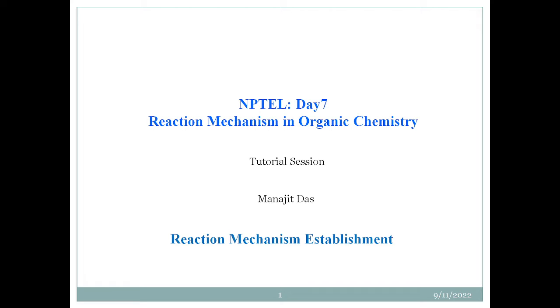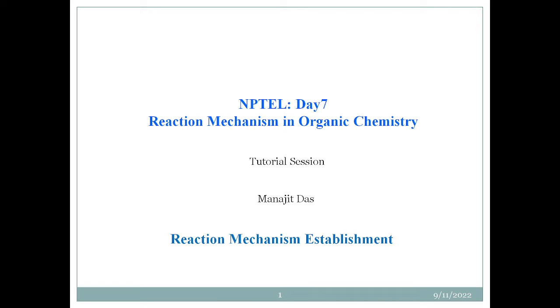So welcome to NPTEL Day 7, Reaction Mechanism in Organic Chemistry. So today we will talk about basically week 7 if you follow the course, where different intermediates or short-lived entities are trapped, and that's how we can say, okay, this reaction follows this species. Otherwise we cannot say that this mechanism is correct or the other mechanism is not working.